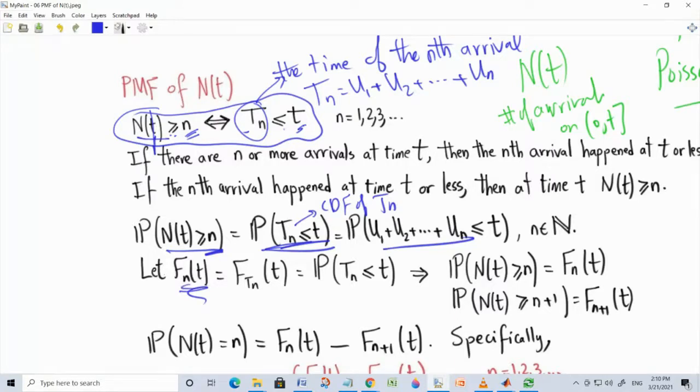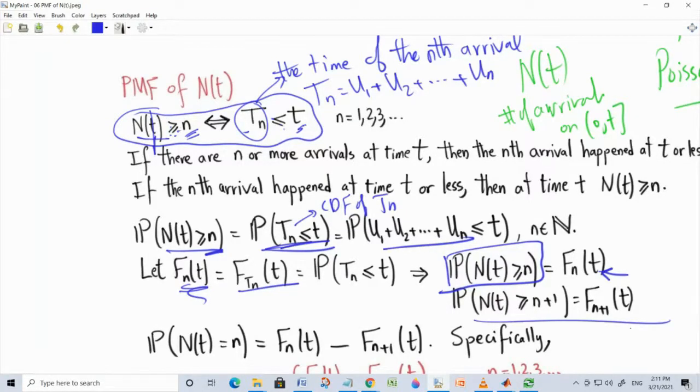So F sub n of t is really the CDF of T sub n. So now, according to the equivalence between these two events, the probability that the number of arrivals at time t is greater than or equal to small n is equal to the CDF of T sub n evaluated at t.